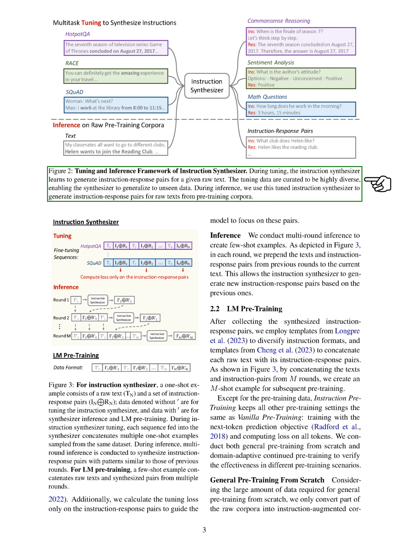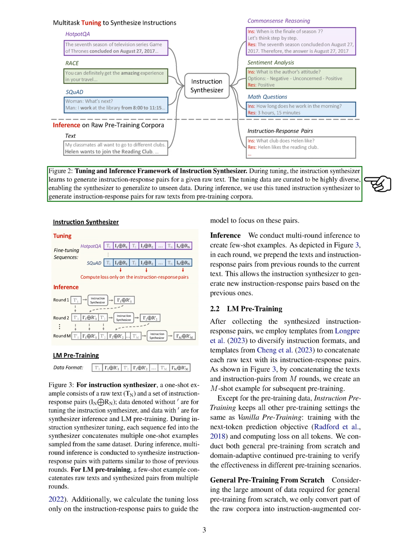In general pre-training from scratch, due to the large data requirement, we only convert part of the raw corpora into instruction-augmented corpora and mix them with fine-tuning data to enhance task diversity. For domain-adaptive continual pre-training, since less data is needed, we convert all raw corpora into instruction-augmented corpora and mix them with general instructions to benefit from improved prompting ability. We exclude the fine-tuning data from the general instructions collection.